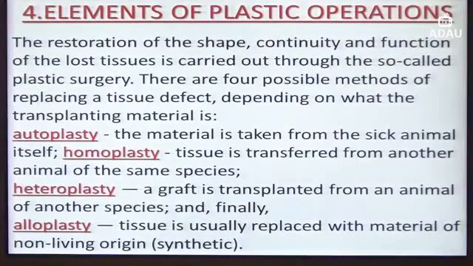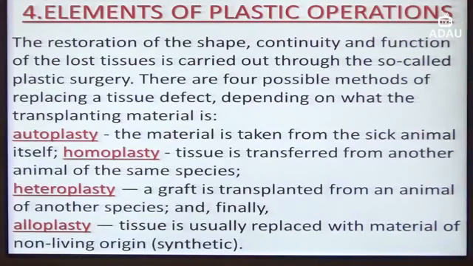The fourth part of our lecture, elements of plastic operation. During surgery we know about 4 types of transplantation: autoplasty, homoplasty, heteroplasty, and alloplasty. Autoplasty, the material is taken from the sick animal itself.